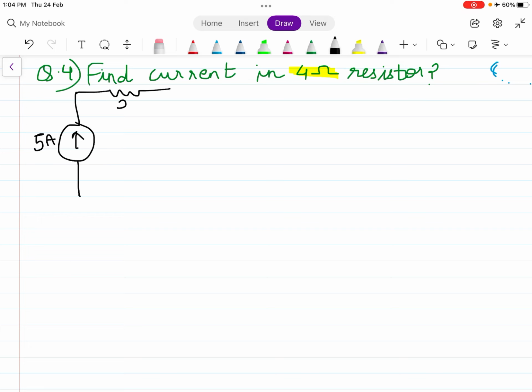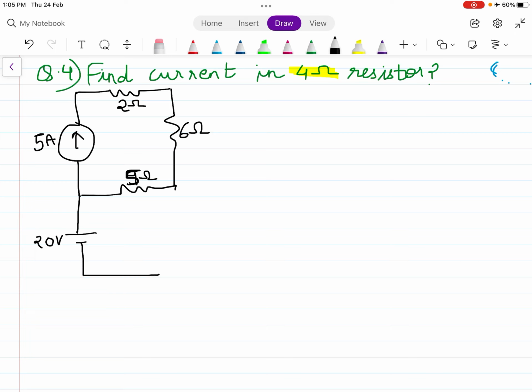This is 2 ohms. This is 5 ohms. This is 6 ohms. This is 20 volts. This is 6 ohms.